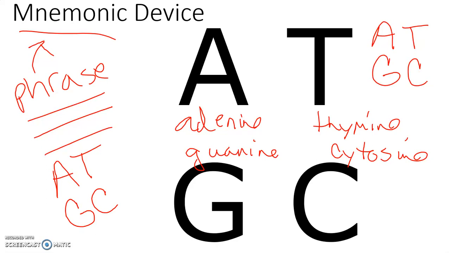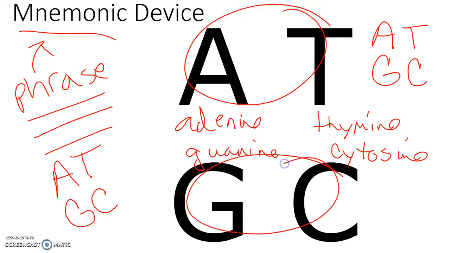Whatever phrase you want to come up with, you could come up with your own. That's a great testing strategy. You can write this on your test when you're taking it. A, T, G, C, and it will give you a hint for remembering how the DNA pairs up.